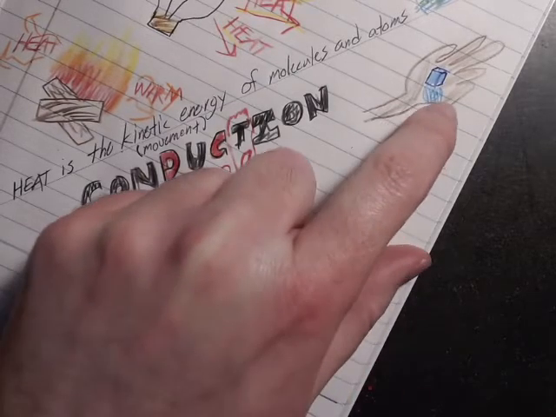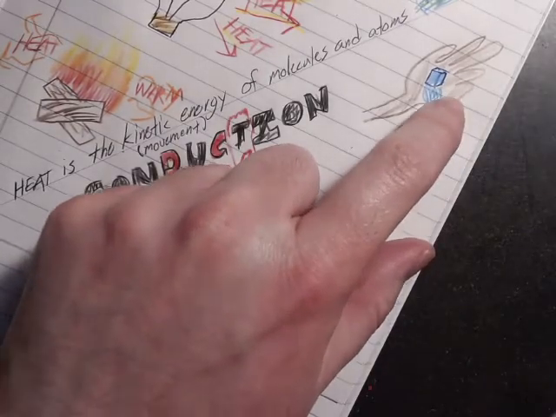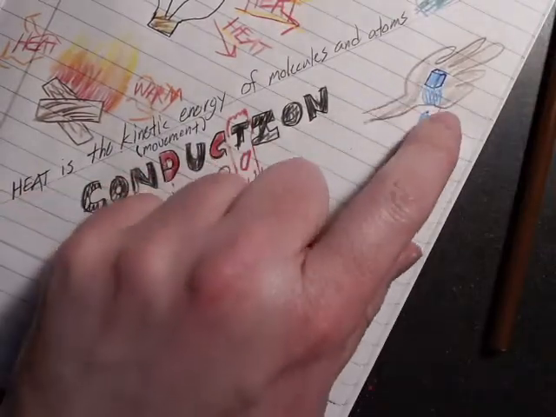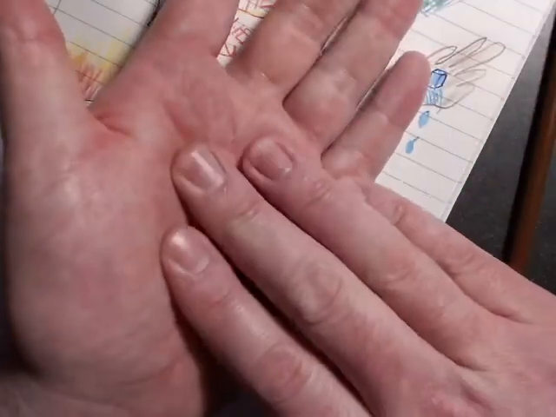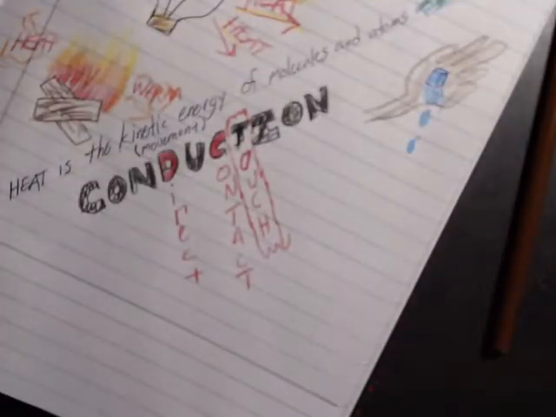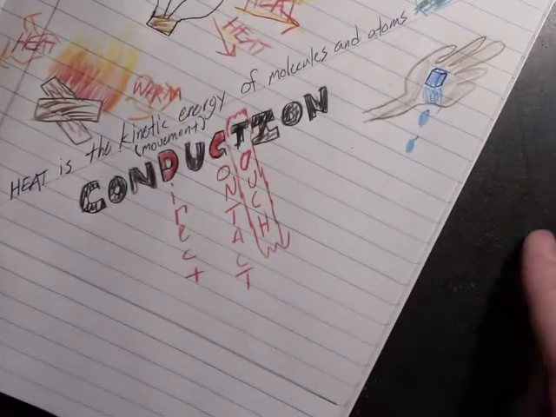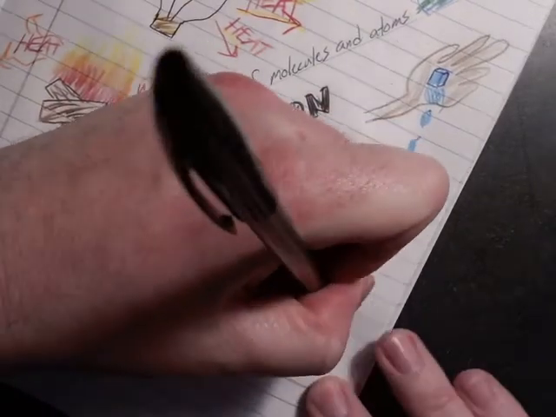But heat always moves hot to cold. So your hand is warmer than the ice. The heat from your hand went to the ice, and that's what melted the ice. The ice technically didn't make your hand cold. Your hand made the ice warm.